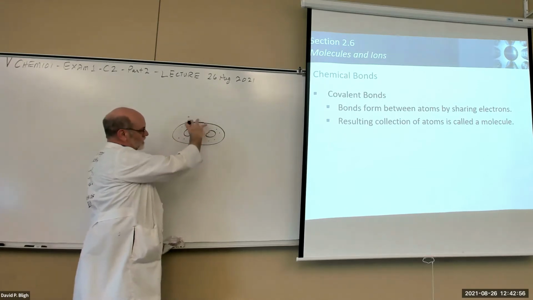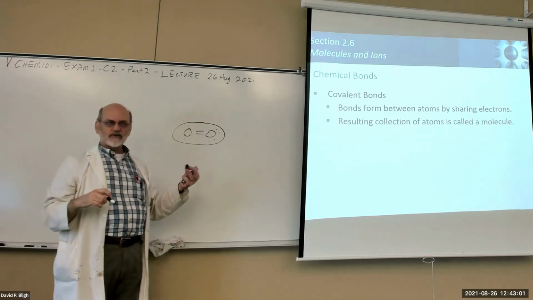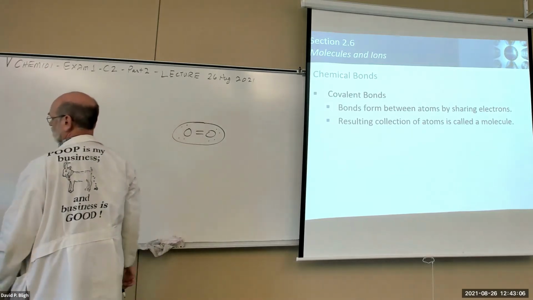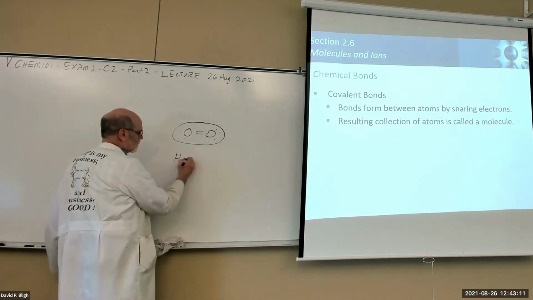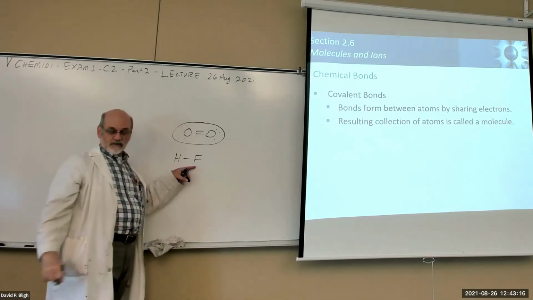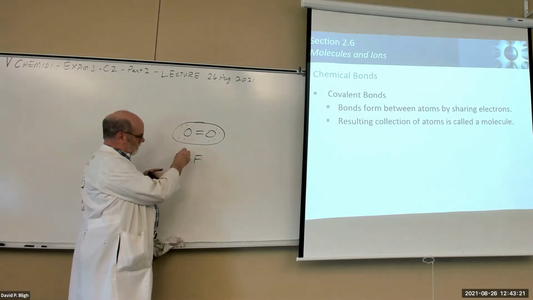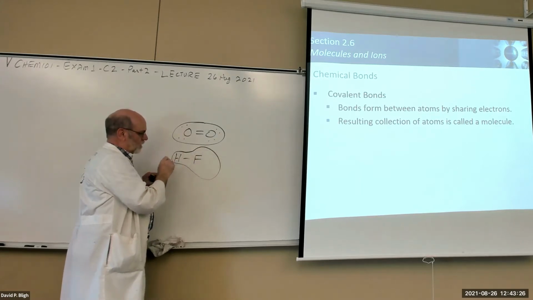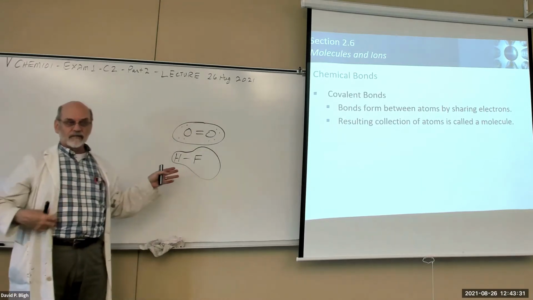If you have something that has a stronger attraction for electrons, like if you combine hydrogen and fluorine, that's a covalent bond. Fluorine is very strongly attracting toward electrons. So if you draw this electron density, it would look more like that. So the electrons spend most of their time around fluorine, but it's still a covalent bond.